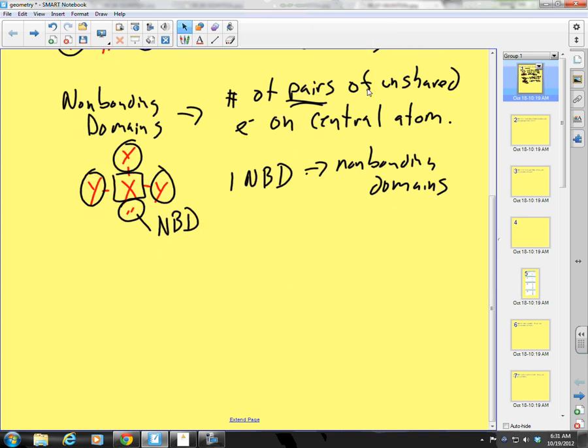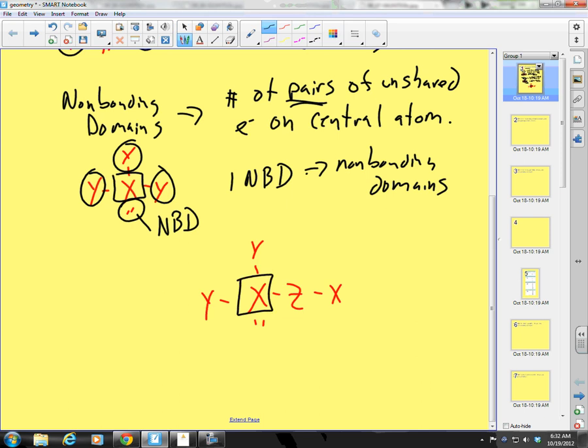Now let me ask you about one other example. What if I had X, Y, Y, Y, we'll call this not Y, we'll call it Z, Z with another X on it. And we want to know my bonding and non-bonding domains on this.